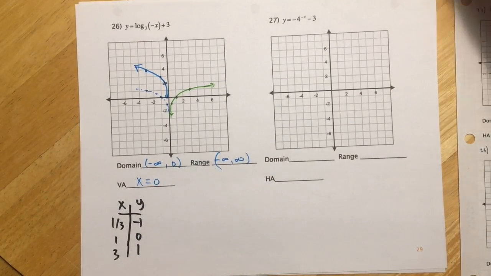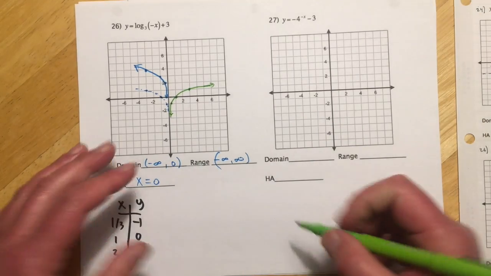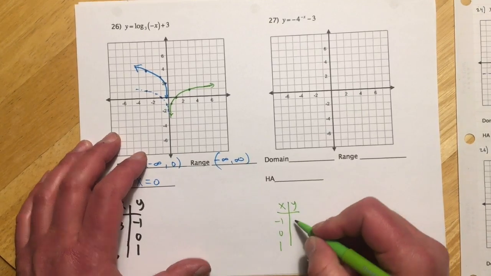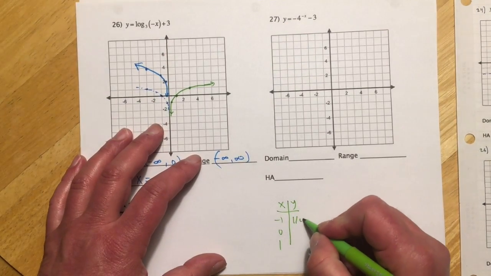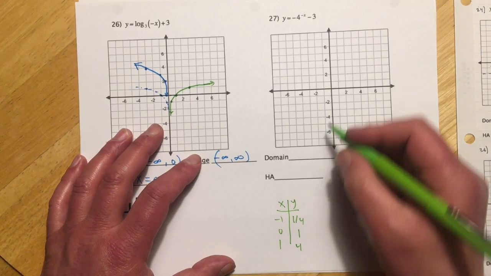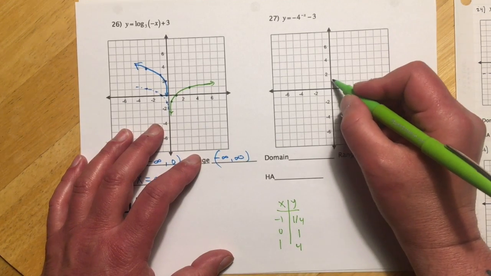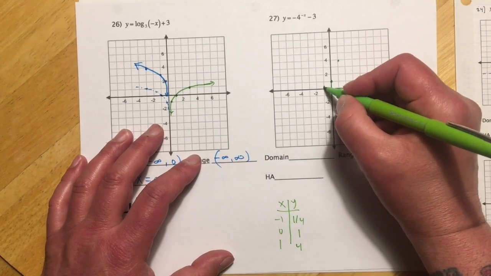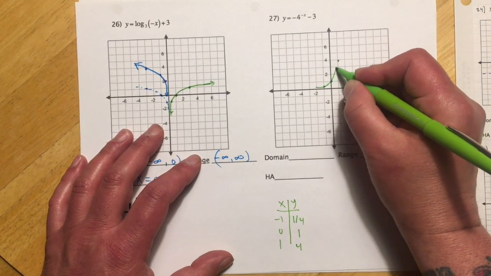And last one, so our basic for this would be x, y, -1, 0, 1. It's a base 4, so 1/4, 1, and 4. So that would be 0, 1, and then 1, 4, and then 1/4 right there.